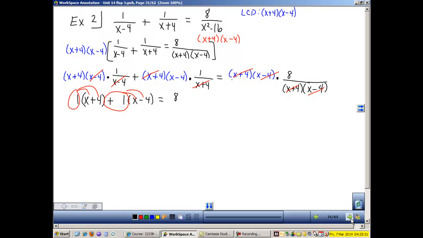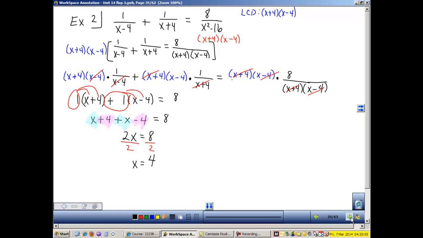Distributing 1 to each of those terms gives those terms back. So we have x plus 4 plus x minus 4 equals 8. Combining like terms gives 2x equals 8, and dividing by 2 gives us x equals 4.